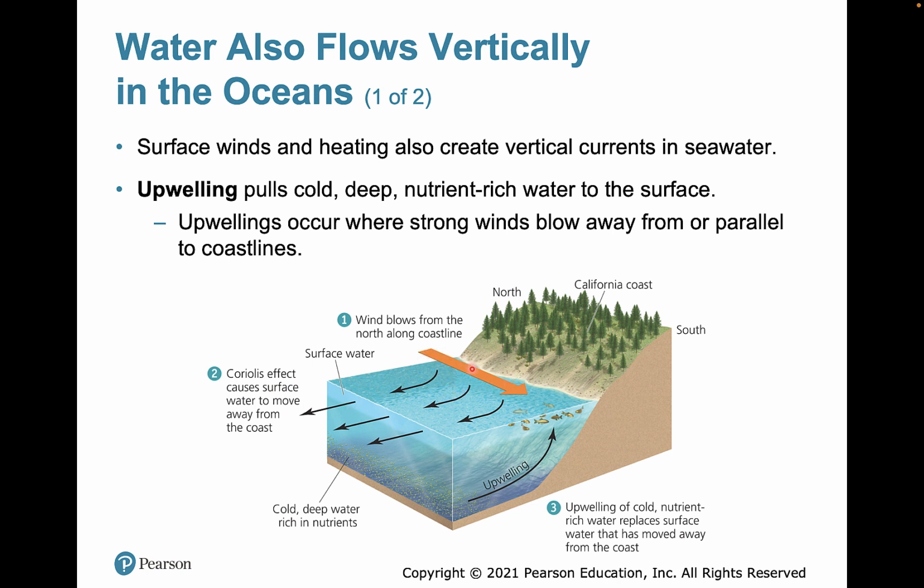It pulls water offshore, which leaves a gap in the water, so water comes up from below. So this water is cold, it's rich in nutrients, it's high in oxygen, so this upwelled water fills the place. If it's full of nutrients, you're going to wind up with a high amount of productivity. Okay, so that's kind of important.